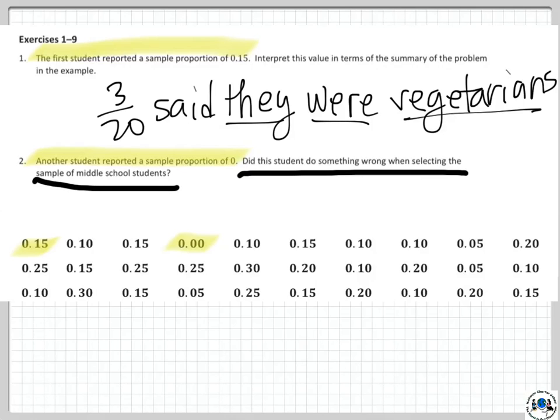You're just picking 20 people at random, unless you know beforehand that everyone is a meat eater, and then you are setting up your study for what we call bias. But no, nothing was wrong here. It just happened that no one he or she surveyed was a vegetarian.